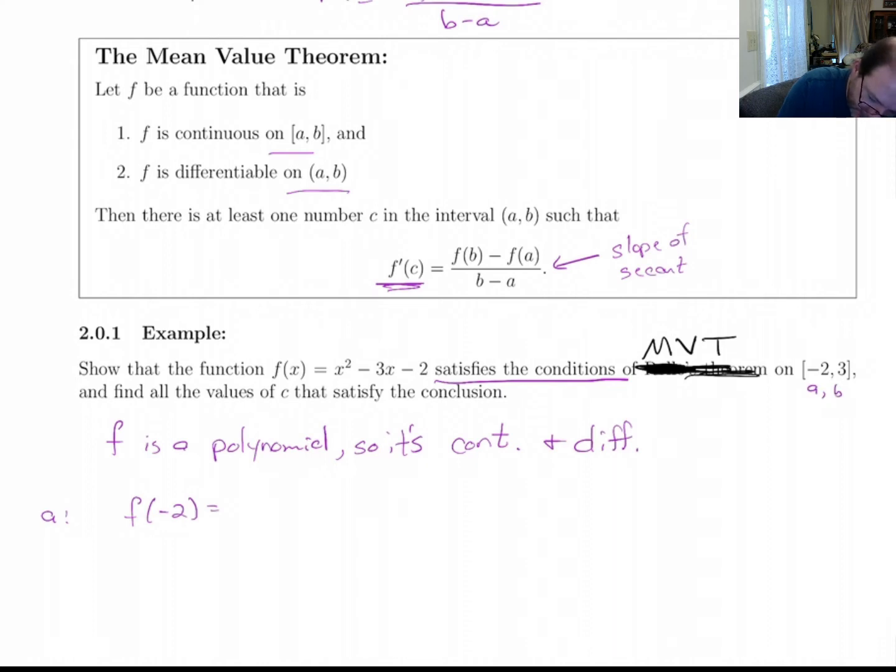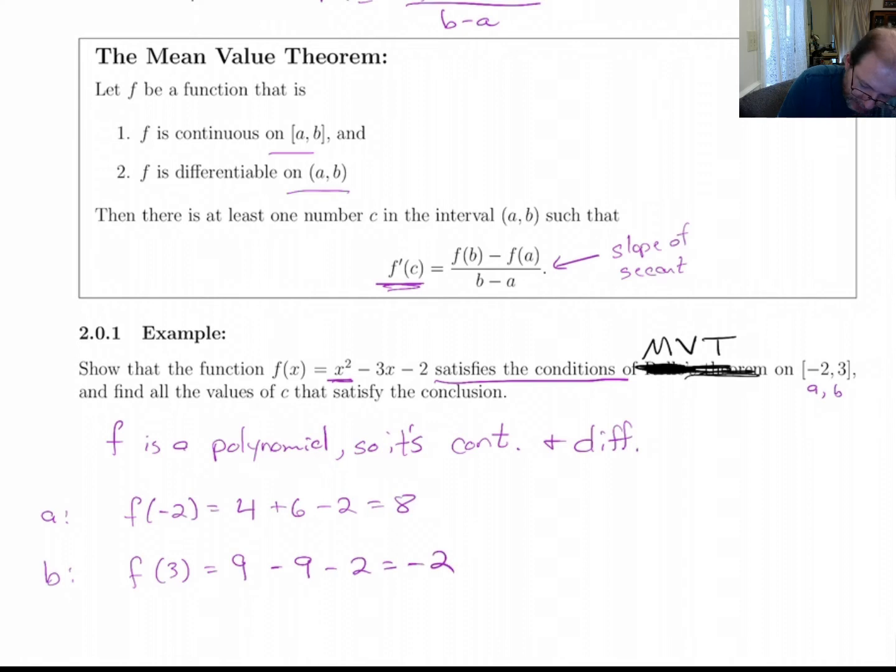So f of -2 is going to be 4 plus 6 minus 2, which is 8. And for b, f of 3 is going to be 9 minus 9 minus 2, which is -2. So it doesn't satisfy Rolle's theorem because these 2 points have different y values.